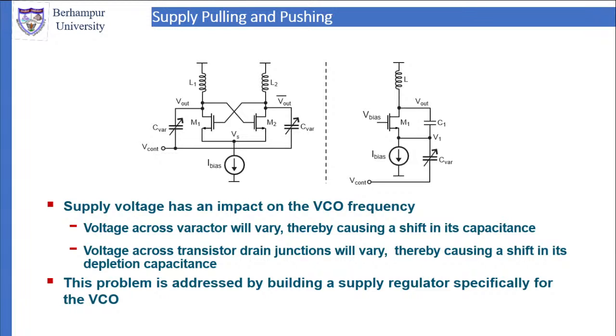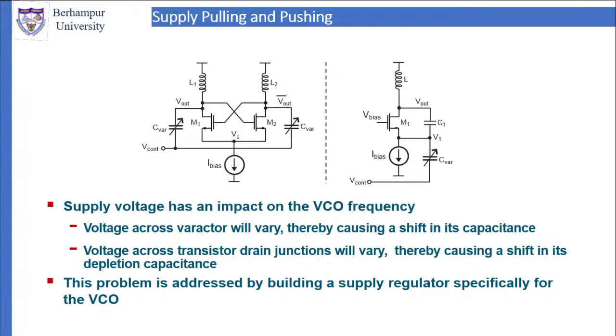Then if you have studied the push-pull amplifier or class B amplifier, the same principle is used in this case where the supply is pulled or pushed. So supply pulling and supply pushing. Supply voltage has an impact on the VCO frequency, that we have already seen how it is related. The voltage across the varactor will vary, thereby causing a shift in its capacitance.